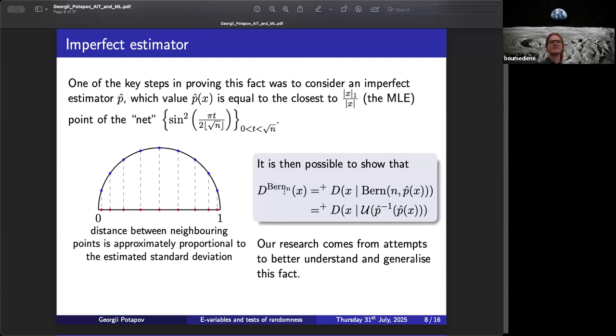And it can be shown that information projection on the class of Bernoulli distributions essentially equals this randomness deficiency relative to Bernoulli distribution with a certain parameter p hat, which is almost the maximum likelihood estimation, but it's truncated, so we lose some data.